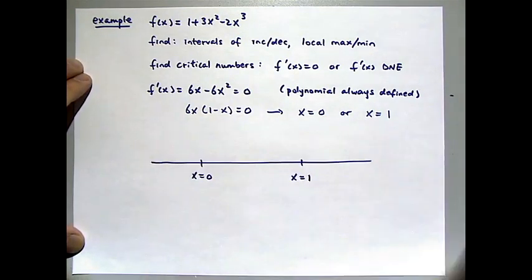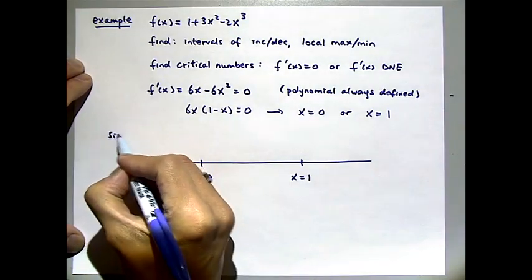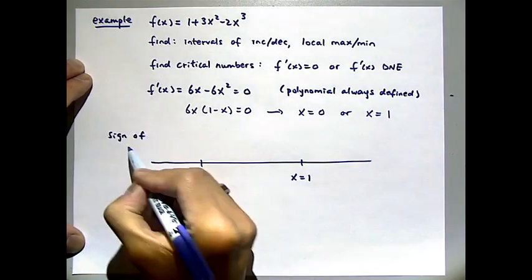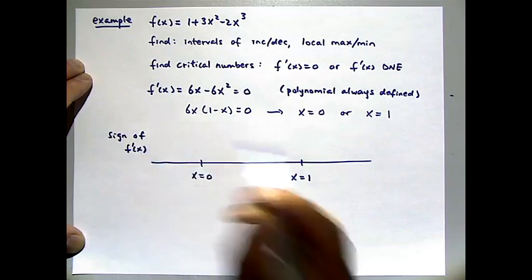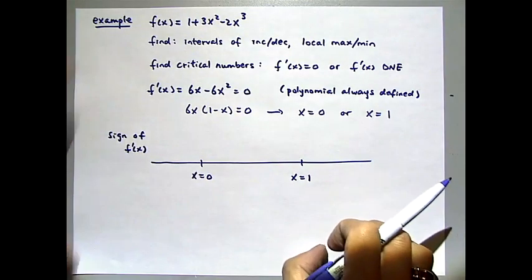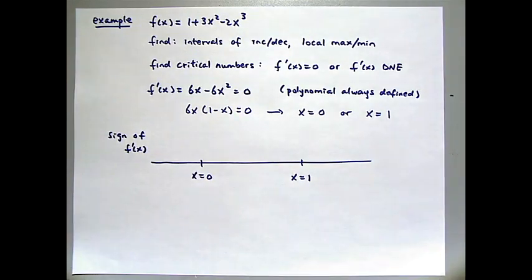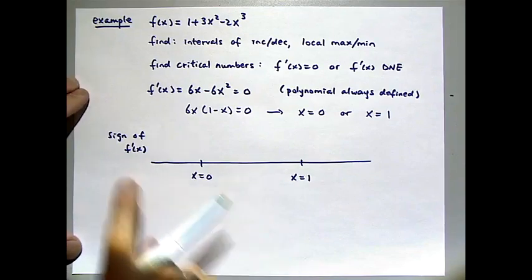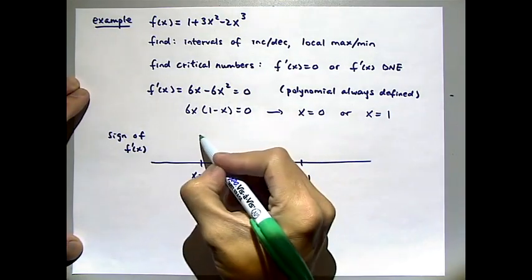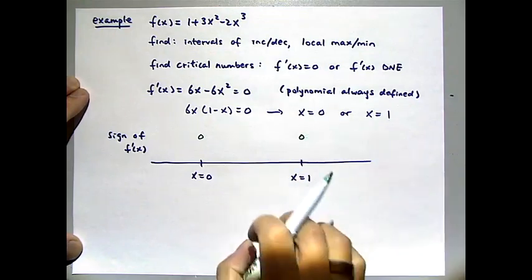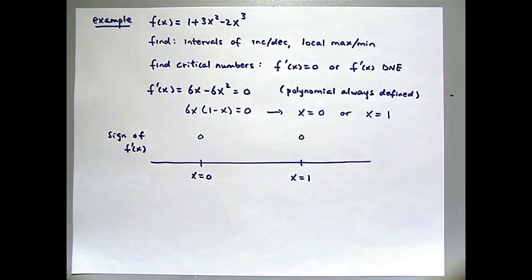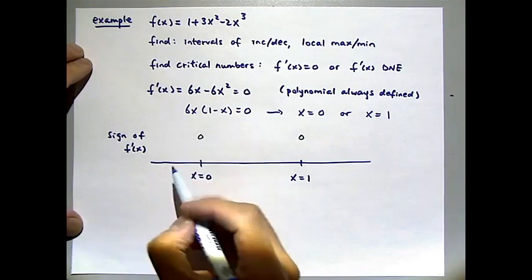Above this line, I want to see the sign of f prime of x. These places will have 0, no signs, right? But once you move away from them, we expect something different to happen. Okay, so the way you check for these things is you look at this interval.